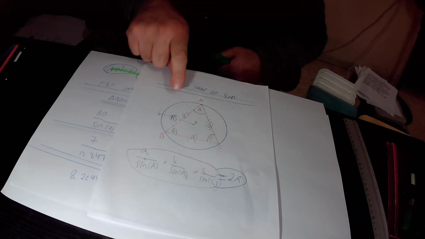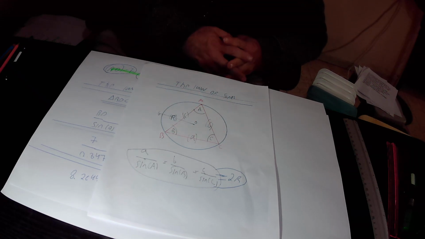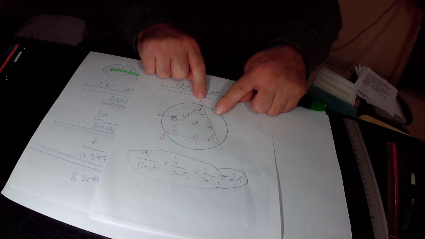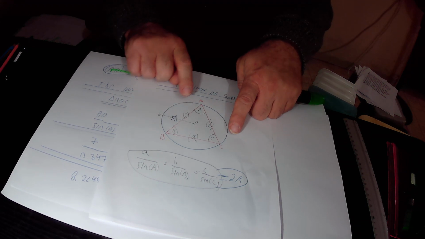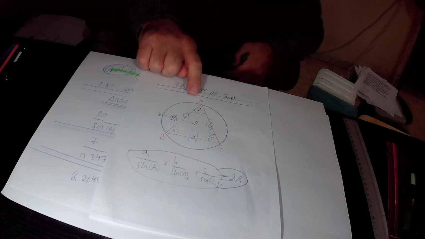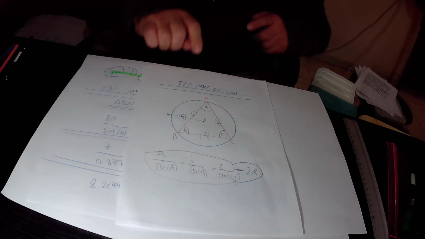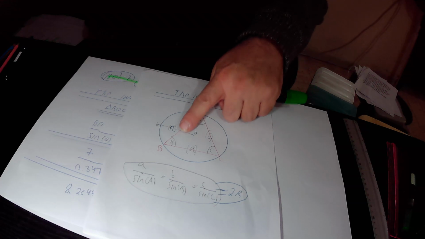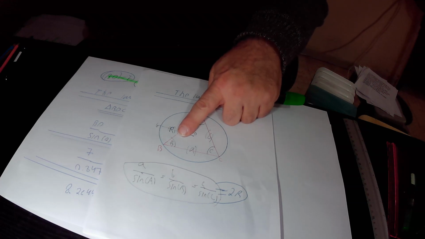The radius of this circle is R. AB equals c units, AC equals b units, BC equals a units. Angle BAC equals A degrees, angle ACB equals C degrees, and angle ABC equals B degrees.